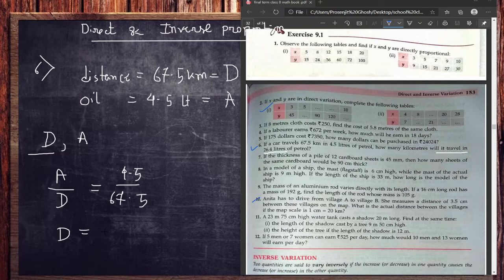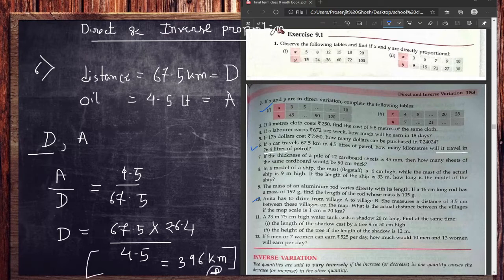So D equal to, I'm just rearranging by cross multiplication, D equal to 67.5 divided by 4.5 into A, where the A value is right now given, which is 26.4. So I put that over there. Finally, if you solve this one, you will get 396 kilometer. So you will have the traveling distance, which is your answer.